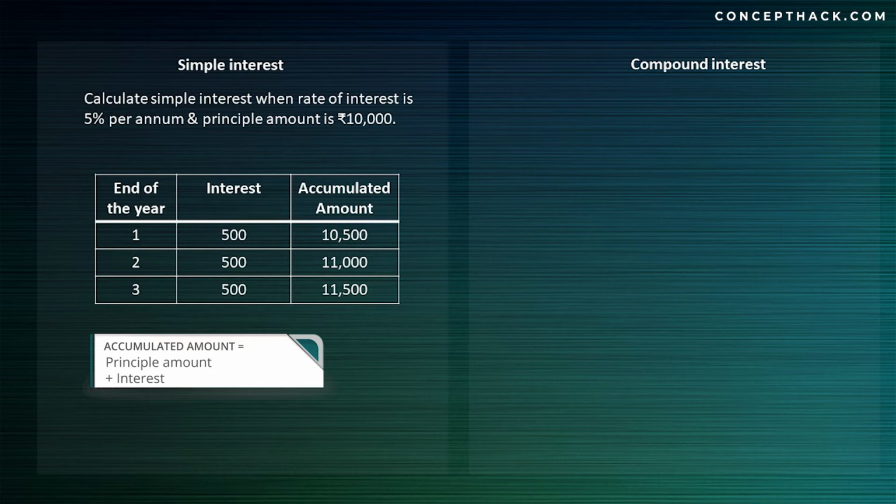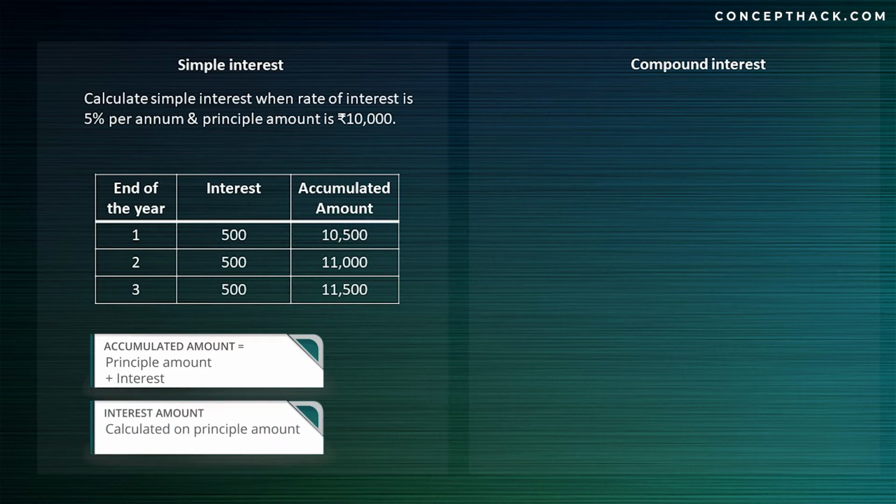So at the end of first year, our interest will be rupees 500, that is 10,000 into 5%. Our accumulated amount will be 10,500 rupees, which is 10,000 plus 500, that is principal amount plus interest.